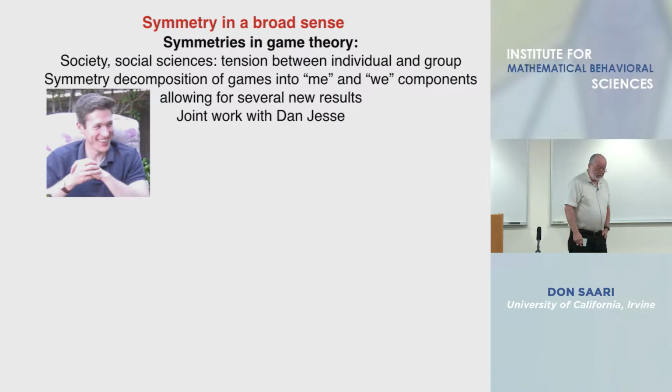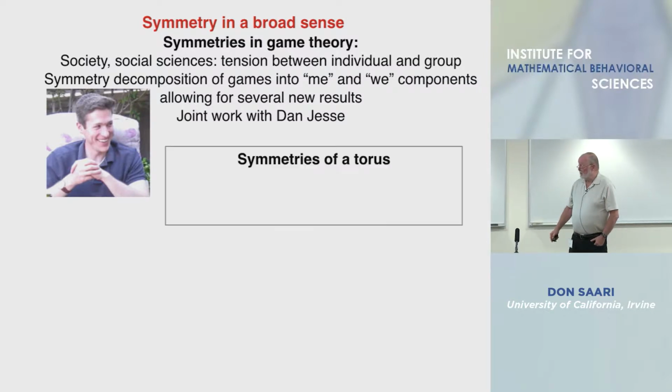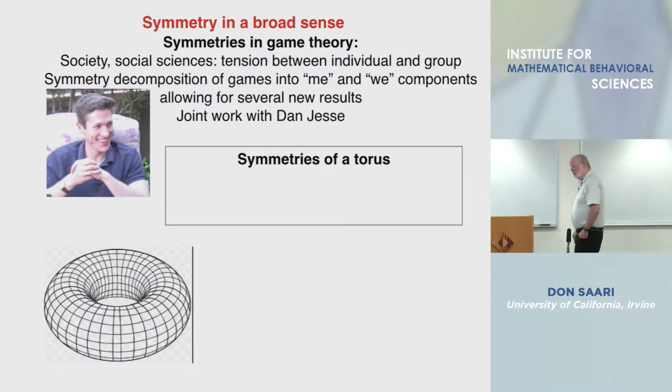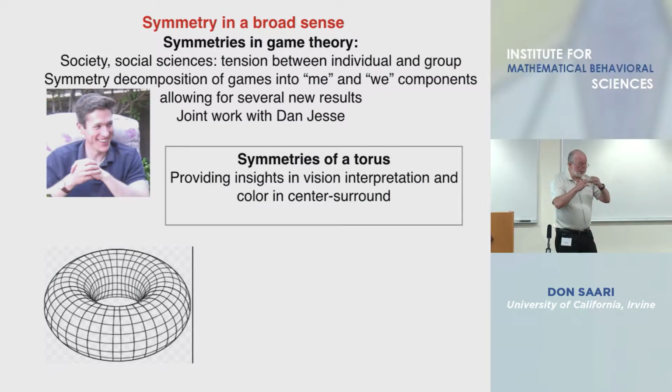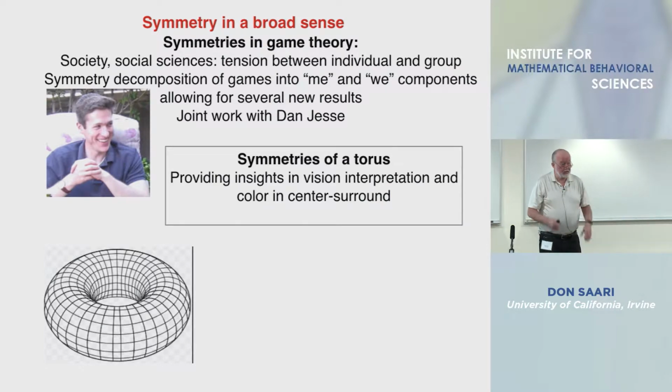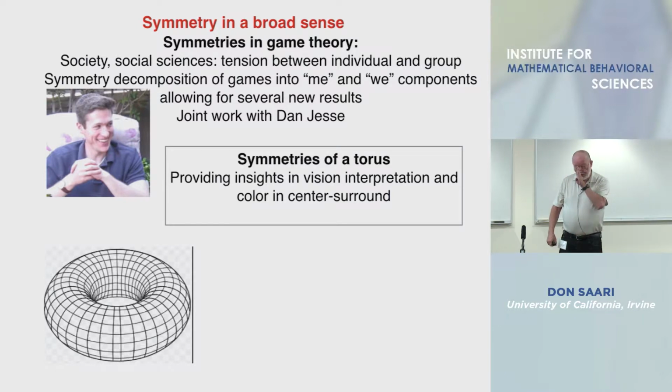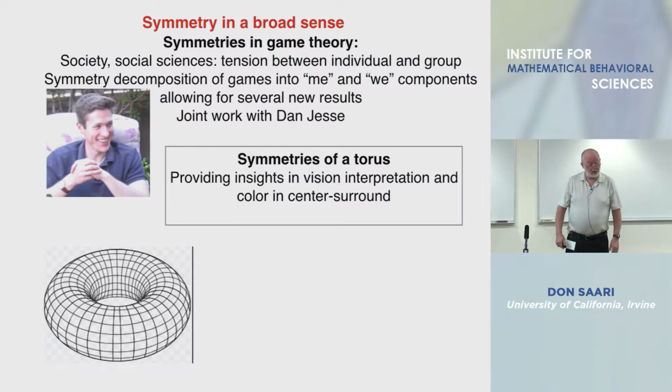When I say symmetry in a broad sense, I also mean symmetry of geometric objects. Symmetries of a torus, a donut, the surface of a donut. Here we're learning that the symmetries of a donut provide insight in terms of vision, split vision, in terms of faces, color and color surround issues, etc. This is joint work with Louis Nairns.